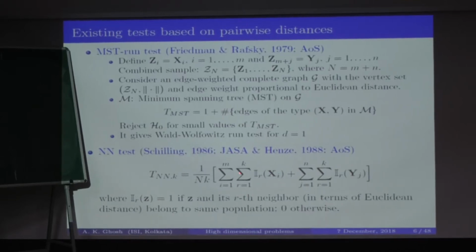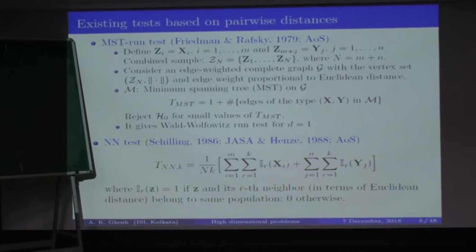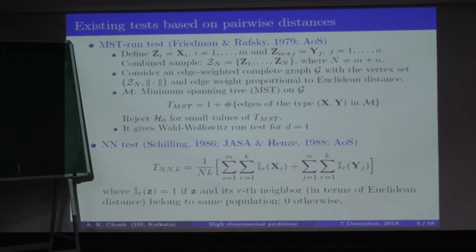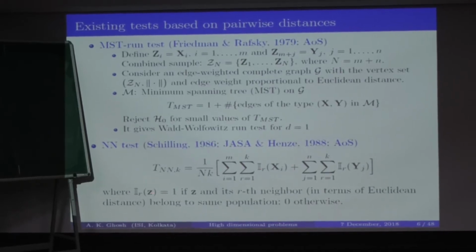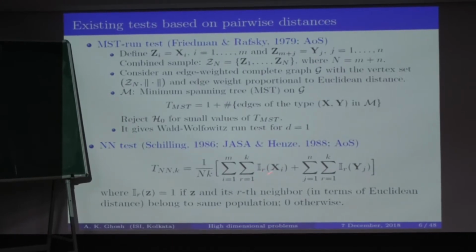So what does this sum indicate? I am looking at k neighbors of x, of course in terms of distance. Okay? K neighbors of x, and this is an indicator which gives you the value 1 when its rth neighbor comes from the same population. So basically, if you look at this sum with r running from 1 to k of this indicator, it will give you the number of neighbors that are coming from the same population as xi.